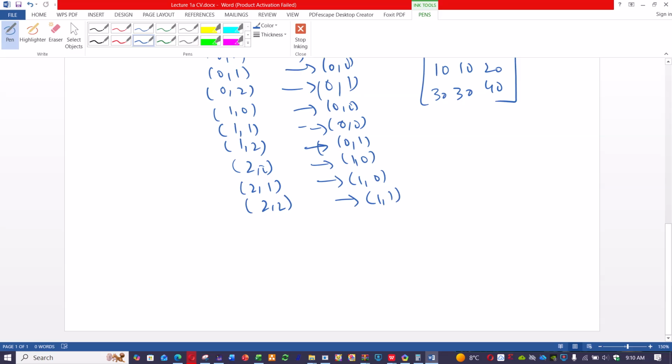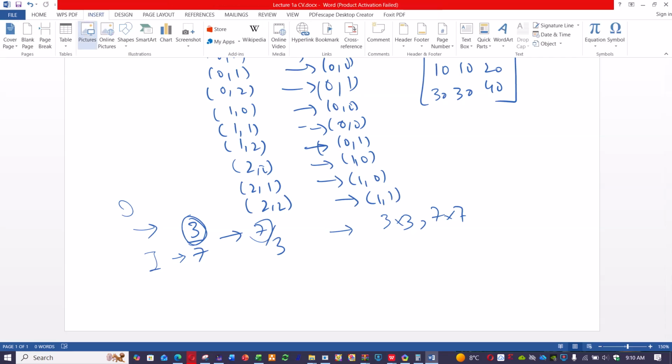Now let's take a look at a bit more difficult problem. For example, we are resizing 7 by 3 or 3 into 7. Whenever you have such fractions, you need to consider them as areas. The numerator is basically your output and the denominator is your input. So you need to get 3 into 3 out of a 7 into 7 input, or you need to get 7 into 7 output based on a 3 into 3 input.